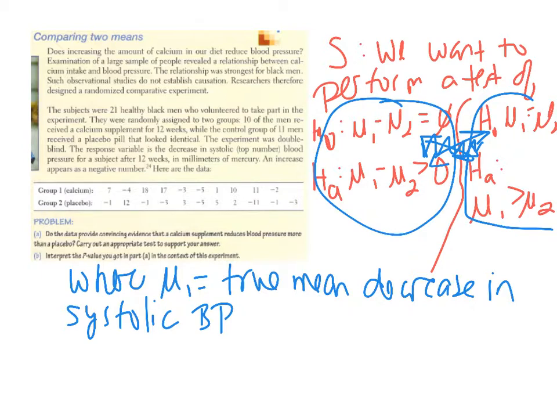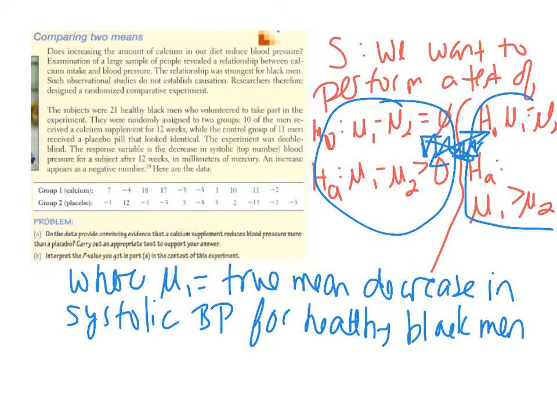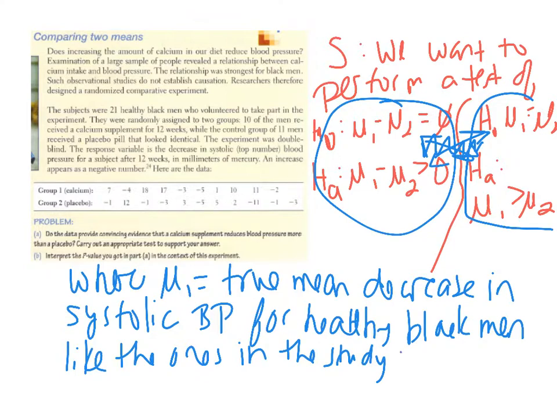So the true mean decrease in systolic blood pressure for, because these were considered healthy, and it was black males, so we cannot apply it to any other race or gender, like the ones in the study, who take a calcium supplement. So mu1 is my true mean decrease in systolic blood pressure for healthy black men like the ones in the study who take a calcium supplement.